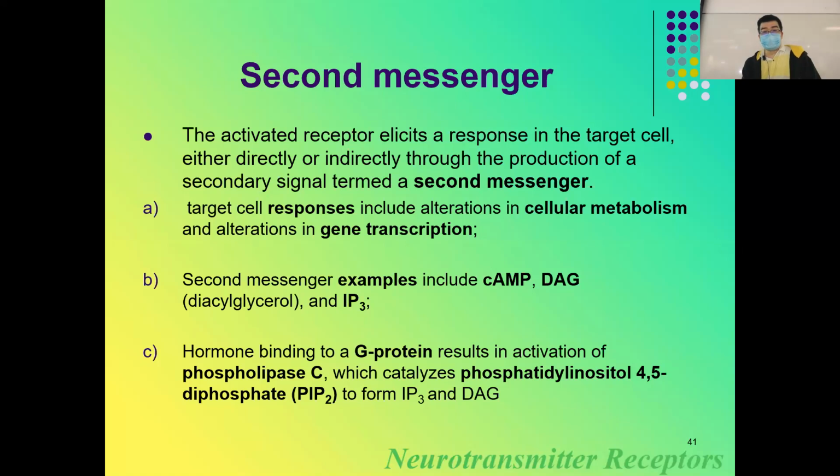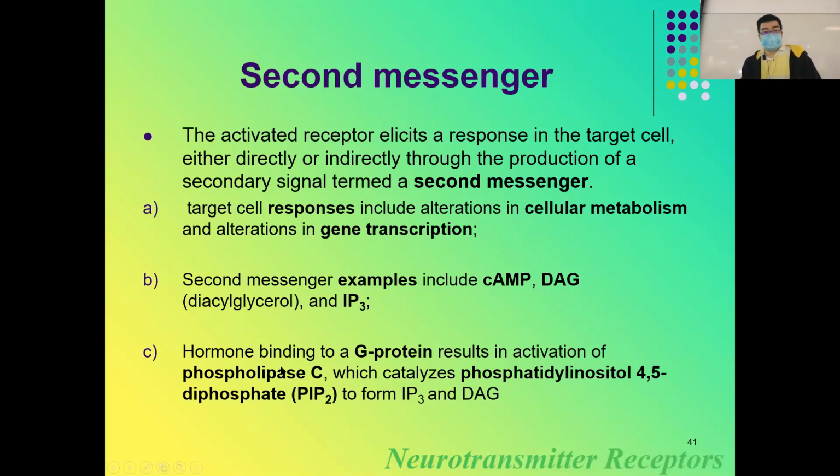That can target different responses, different cellular mechanisms, metabolism, or even gene transcription. Some of the examples that you might have learned in other classes are cyclic AMP, DAG, or IP3, inositol triphosphate.